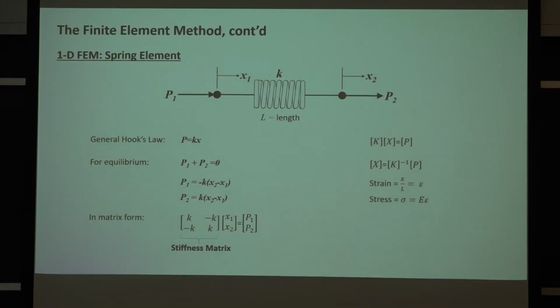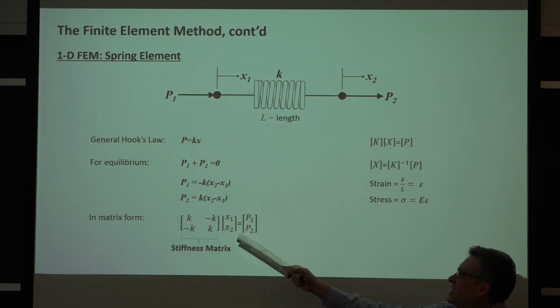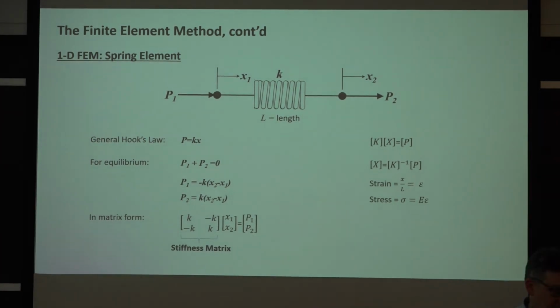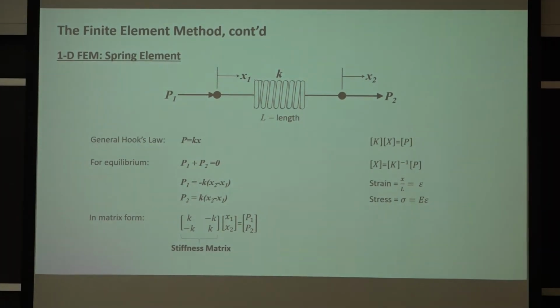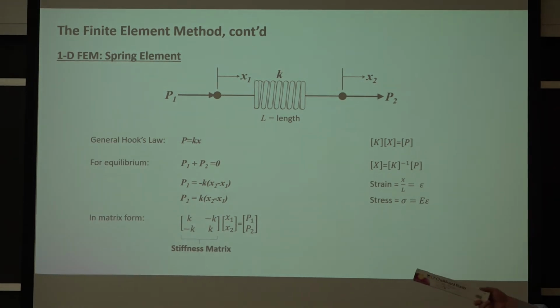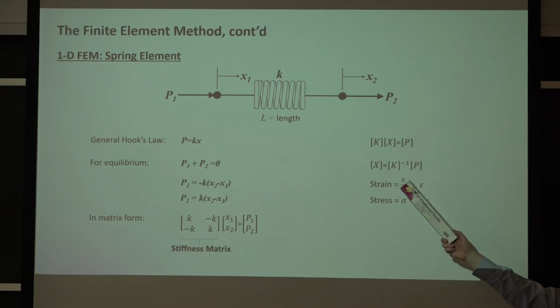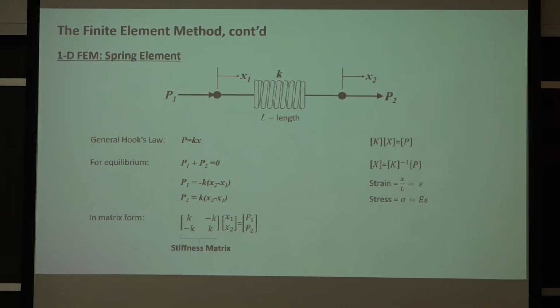You come up with a stiffness matrix K times a displacement vector X equals a boundary condition vector P. You can invert the stiffness matrix to get to the displacements X, and then knowing the length of the spring, you can use that displacement and the stiffness to get to a stress. You can all calculate the stress in that spring. This is a pretty basic example. I'm sure you've seen this a zillion times, right?